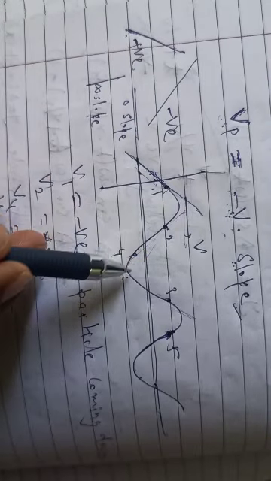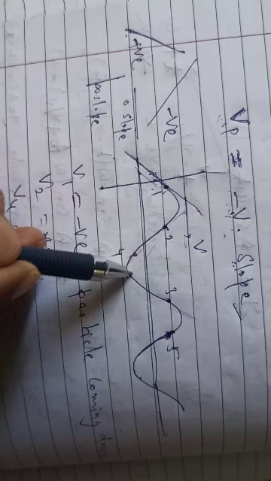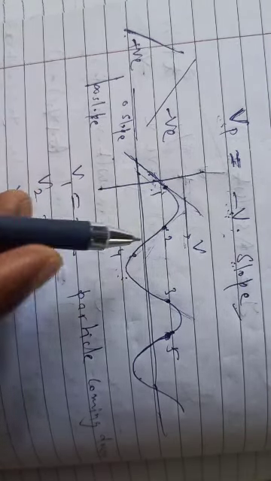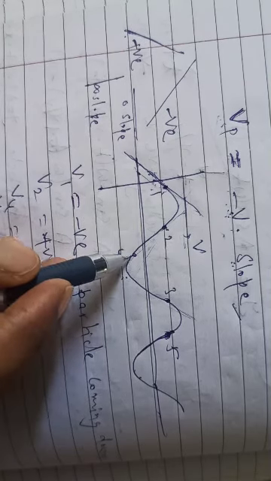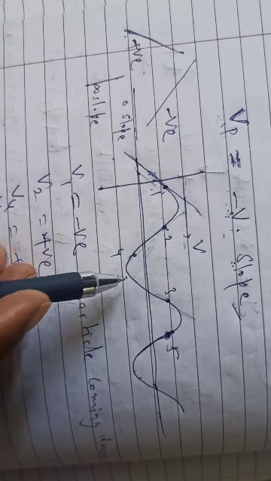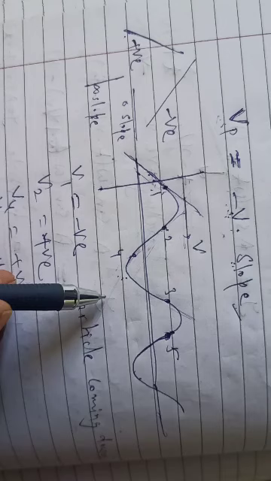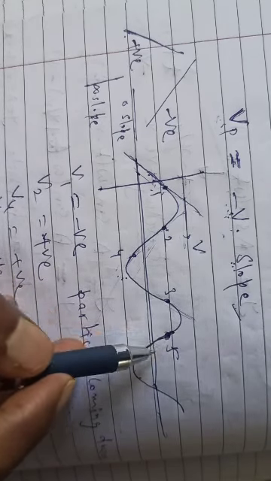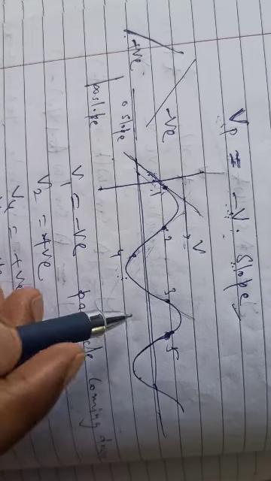For this point the tangent will be like this, so that slope will be negative. Similarly, for the fourth particle the slope will be negative. For the third particle the slope will be positive. For the fifth particle the slope will be negative.